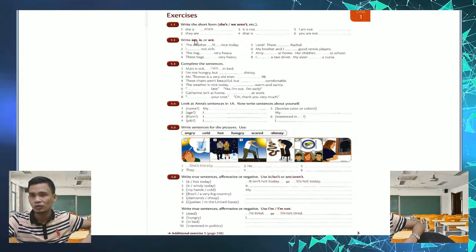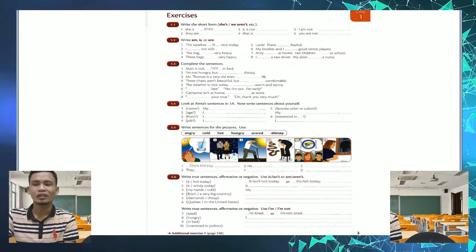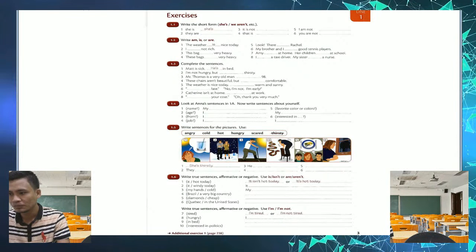Number two, we have. Let me see if I can. Oh, it's too small. I can't manage to make it a little bigger. Where's the zoom option? Right here.